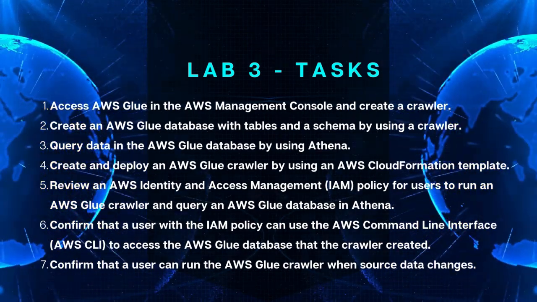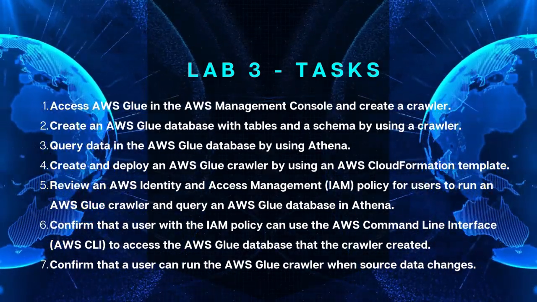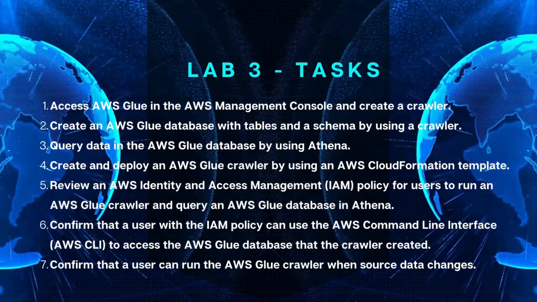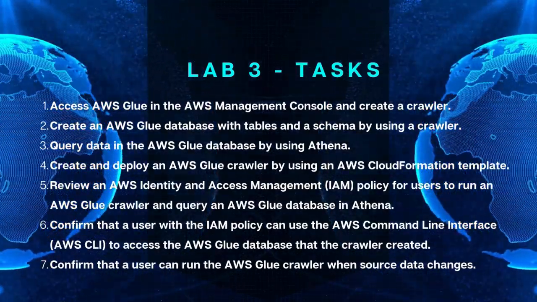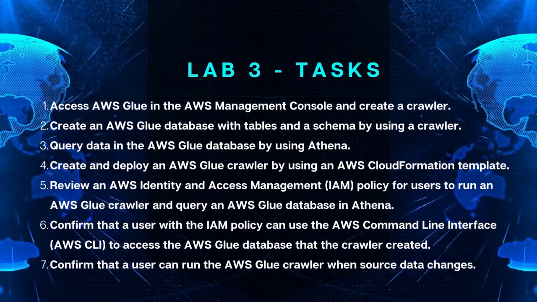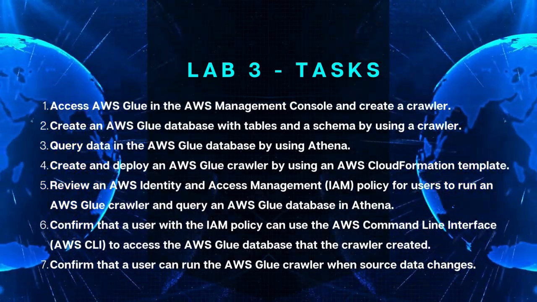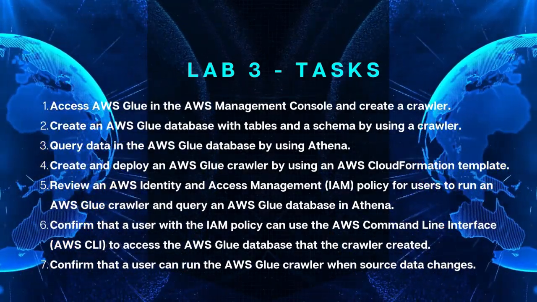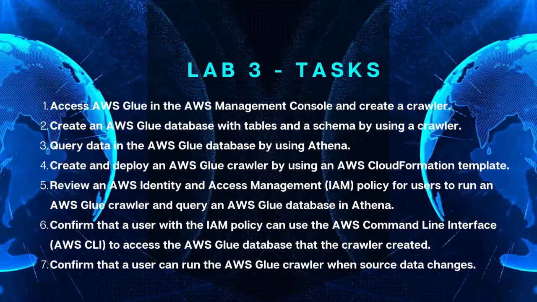We've also learned how to create and use crawlers. We created an AWS Glue crawler to discover the schema of a dataset stored in an Amazon S3 bucket. This process involved configuring the crawler, running it, and reviewing the metadata it generated.